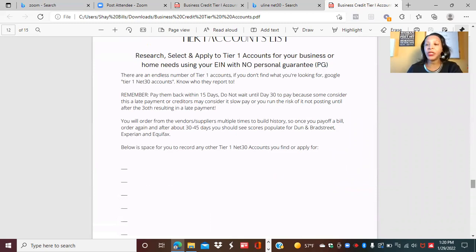If you don't find what you're looking for, Google Tier 1 Net 30 accounts, but know who they report to. Remember, pay them back within 15 days if they are Net 30 accounts.